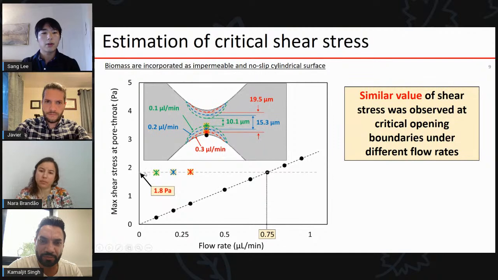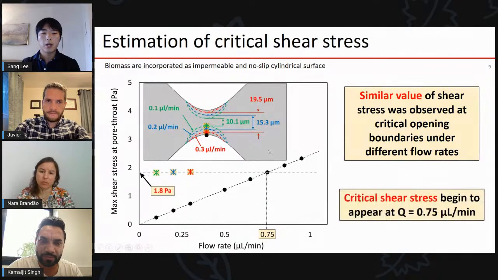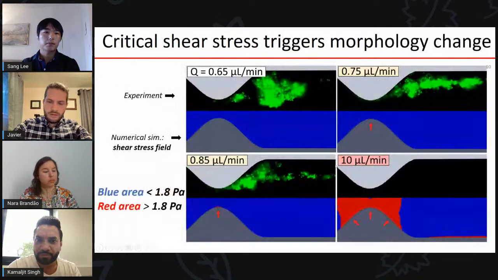And then using this plot, we back calculated the flow rate at the clean pore throat which yields this critical shear stress value, which was 0.75 microliter per minute. And we performed the microfluidic experiment around this flow rate to see how this critical shear stress affects the bioaggregation process.